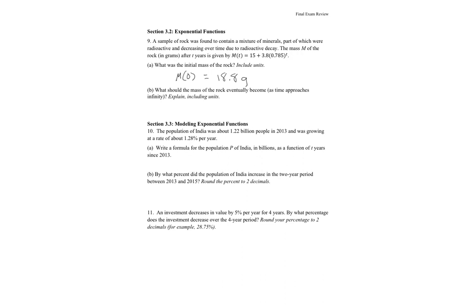And then if we draw this out, we'll have a horizontal asymptote at 15, and then we'll have this end behavior as t approaches infinity. It's just going to keep approaching that 15.